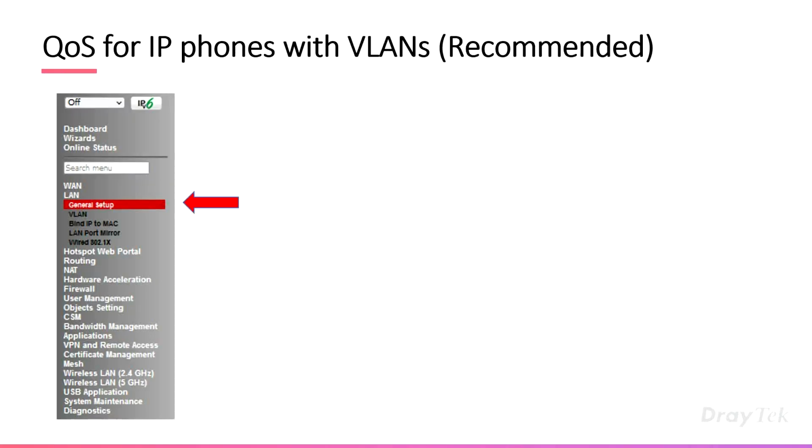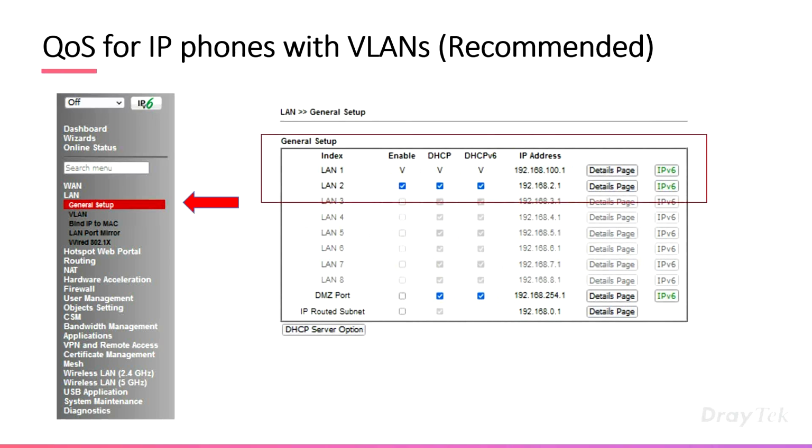The recommended way, in my opinion, would be to have a dedicated LAN for your voice traffic. So instead of having computers, printers, and phones under the same subnet, you should instead have a separate or additional subnet for your phones.